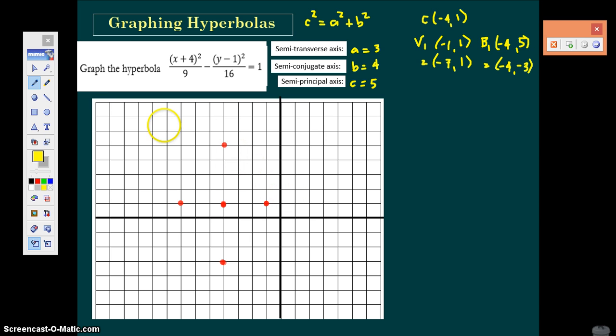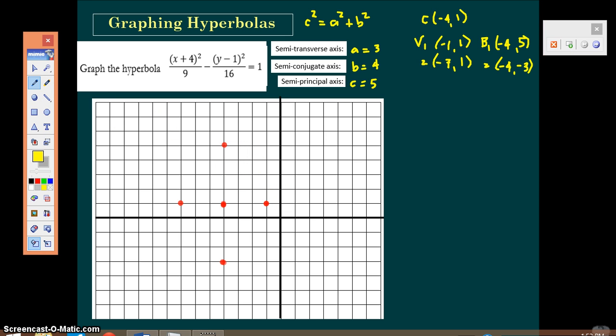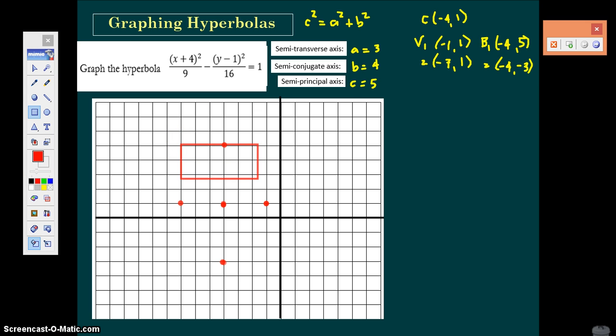Now, if this were an ellipse, we would just connect these points like that. But we know this is a hyperbola, so an adjustment has to be made. Instead of connecting these points as in an ellipse, we draw what we call a reference rectangle, wherein the midpoints of the sides are the endpoints of the transverse and the conjugate axis.